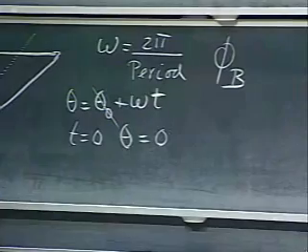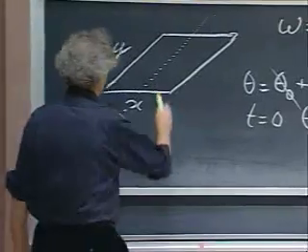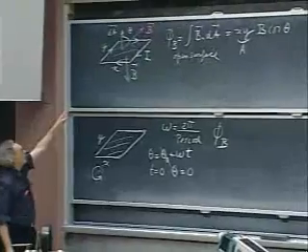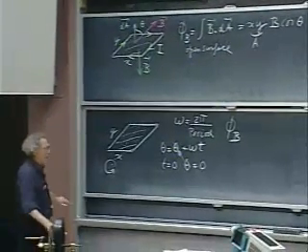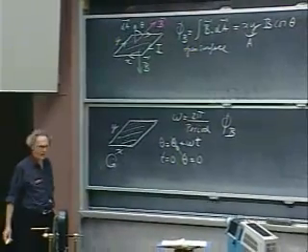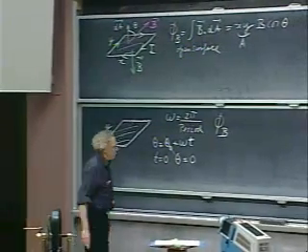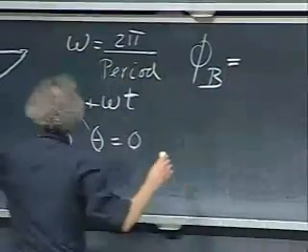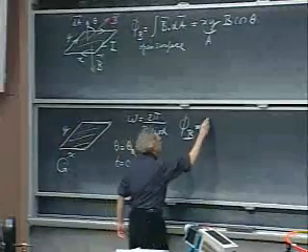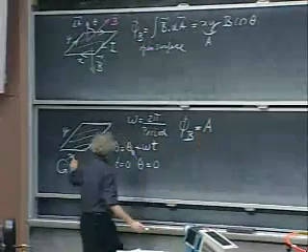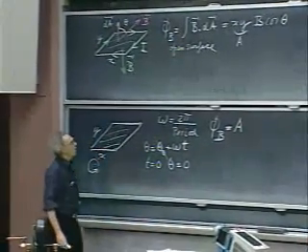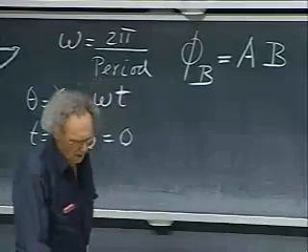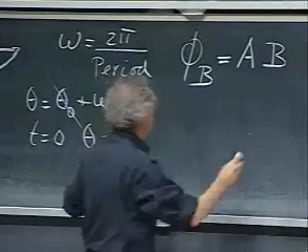I have to commit myself to a surface. Well, I will just choose this flat surface, just like I did there. I'm free to choose any surface. Why not take the flat one? And so the flux through that flat surface is then the area, which is x times y, the area of this loop. And then I have the magnetic field. And then I have cosine omega t.